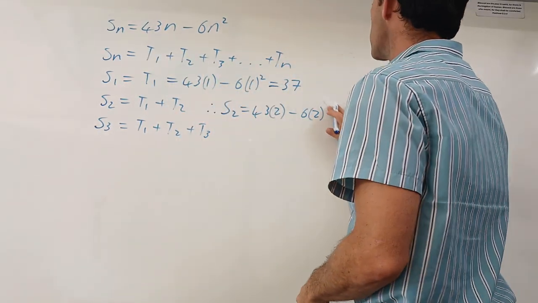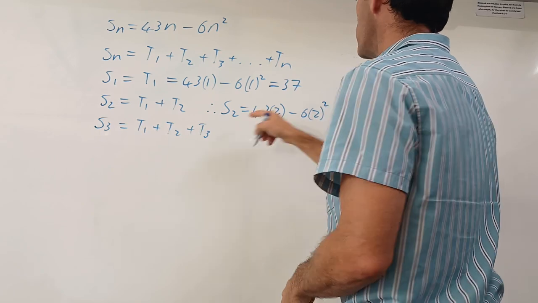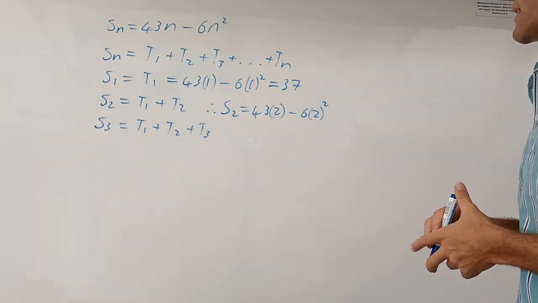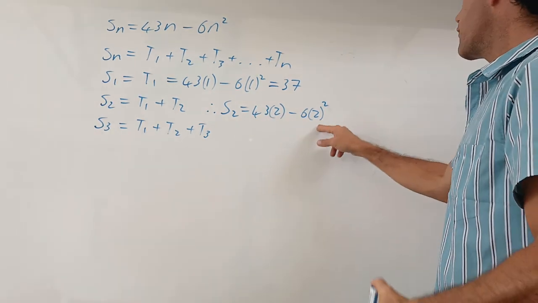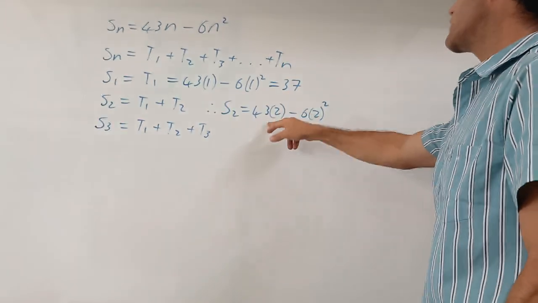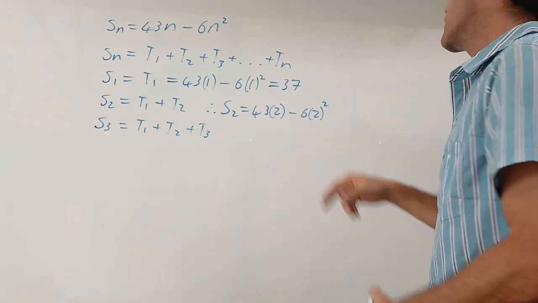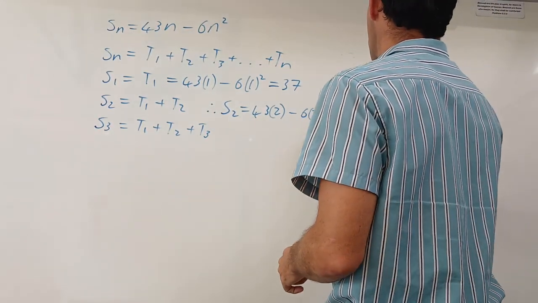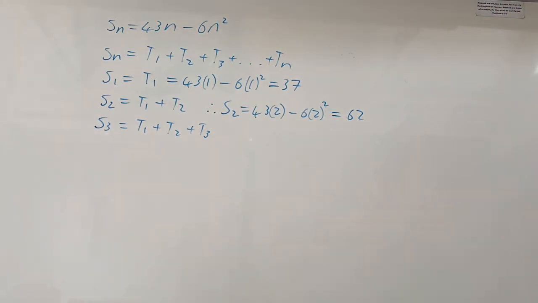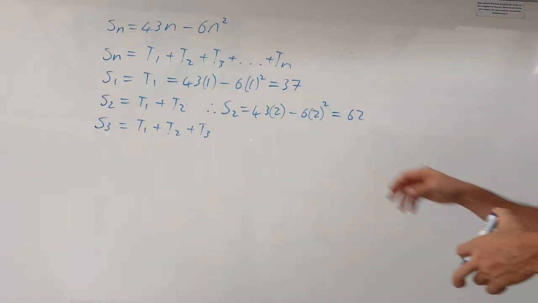Okay, so I can just substitute 2 now to find S2. So what's that? 86, 4 times 6 is 24. So you're going to say 86 minus 24. So that's 62. So that's S2.